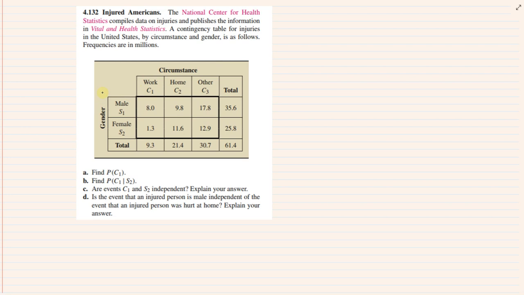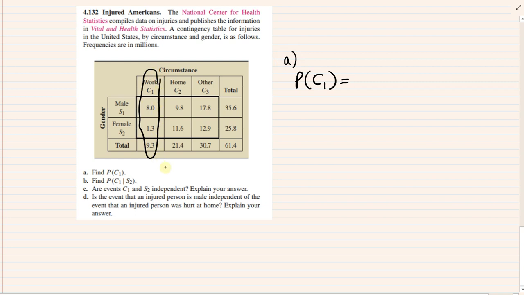And the questions that follow, in part A, find probability of C1. C1, remember, means the circumstance at work. The injury occurred at work. That's circumstance 1. So probability of injury at work, that's part A. Well, injury at work, let's see.